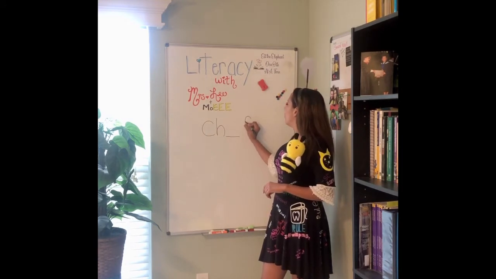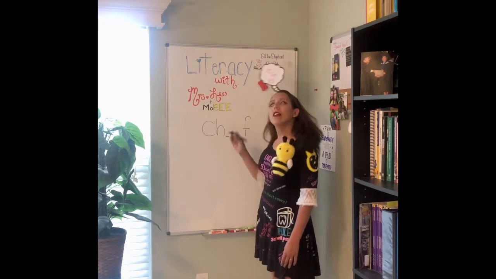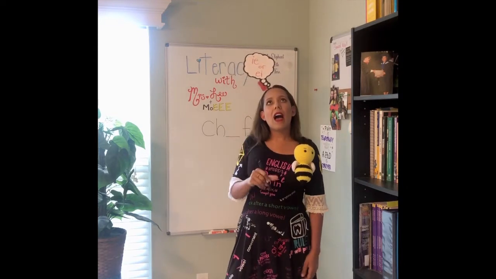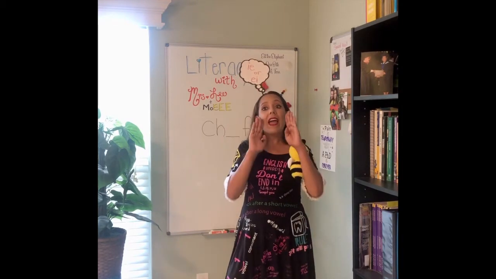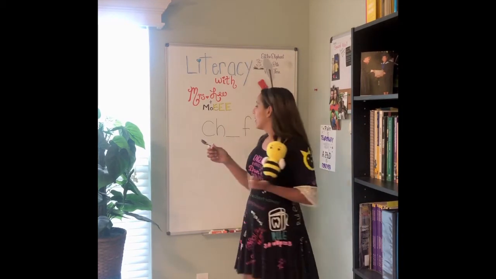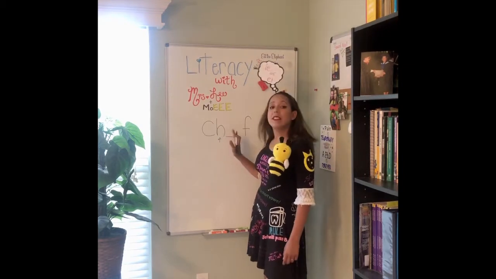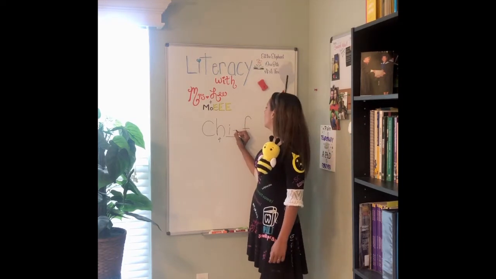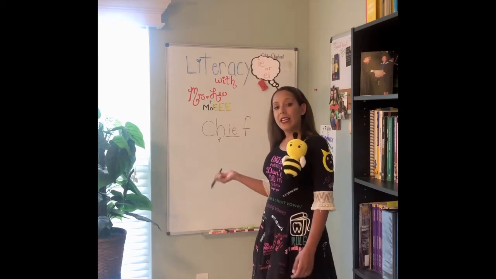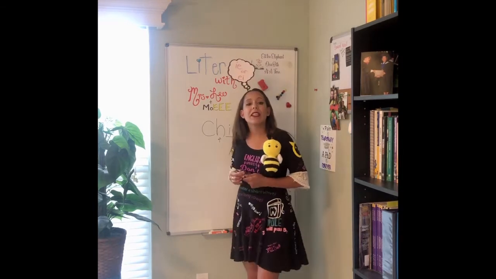E. I put a line here so we can talk about it. Let me think of our rule. I before E except after C, or when sounding like A. Is there a C right here? That's an H. So because it's an H, not a C, that E sound is going to be spelled with an IE. I before E except after C, or when sounding like an A, as in the word neighbor.